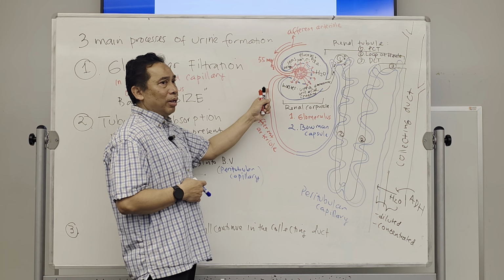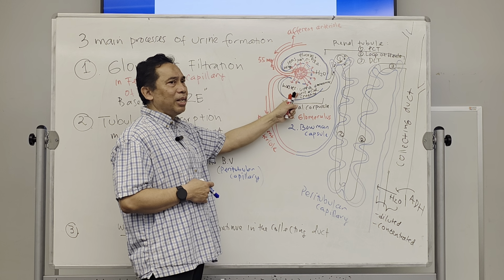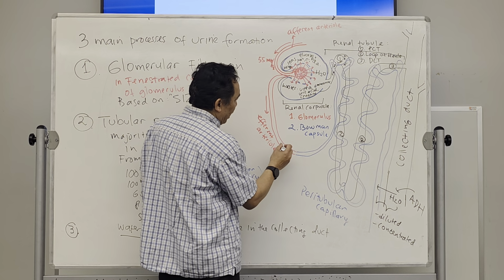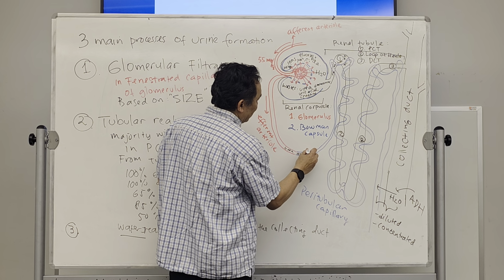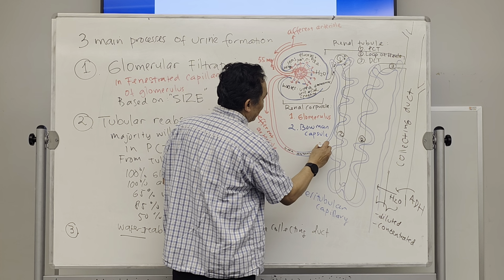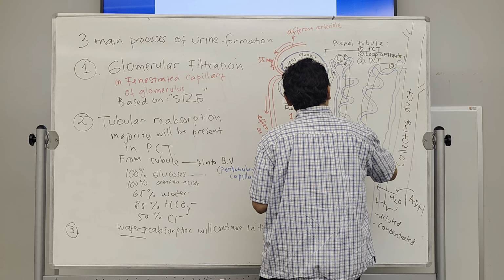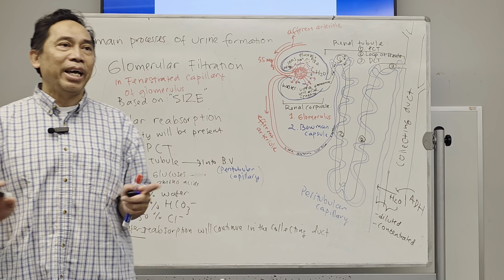So if we have too much waste in our blood, sometimes what is filtered is not enough. It means that there are still some urea, ammonia, uric acid, maybe creatinine, still present in our blood. We don't want that.